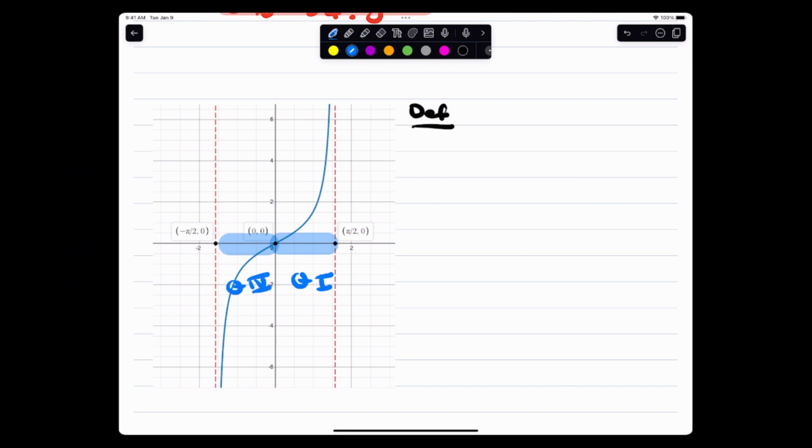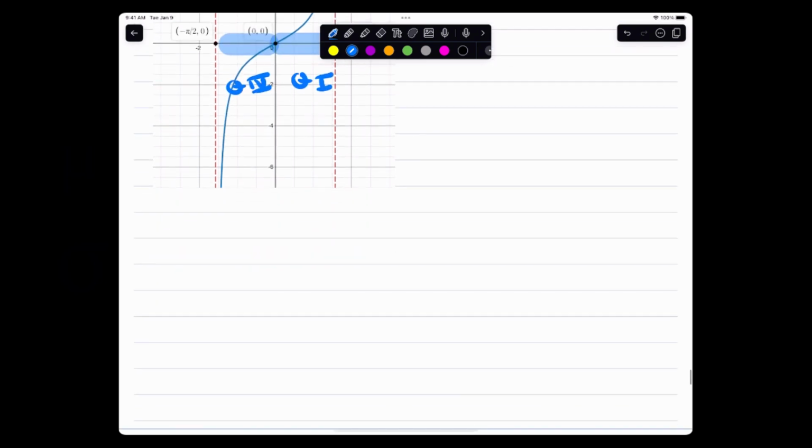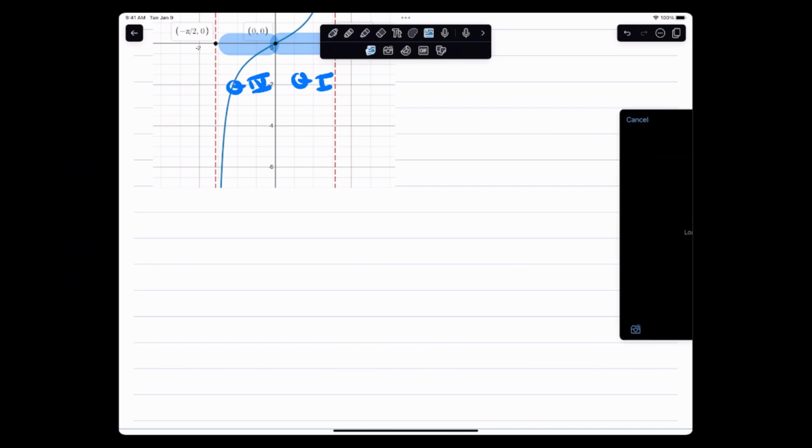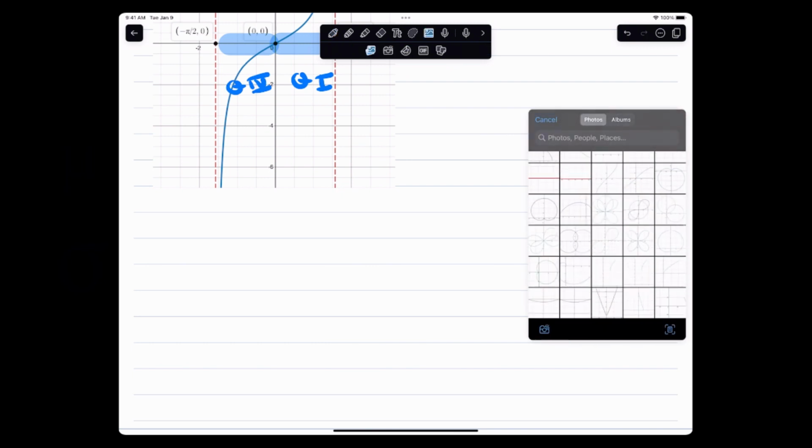So I want you guys to see that here. Quadrant 1, 2, 3, quadrant 4. I'll bring the all students take calculus. Let's bring that picture in.